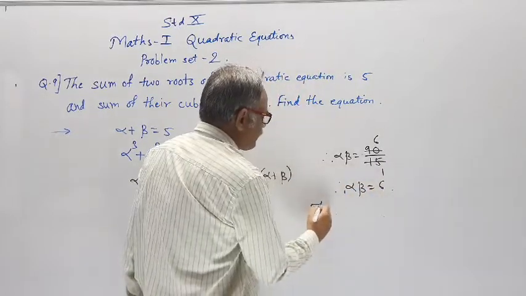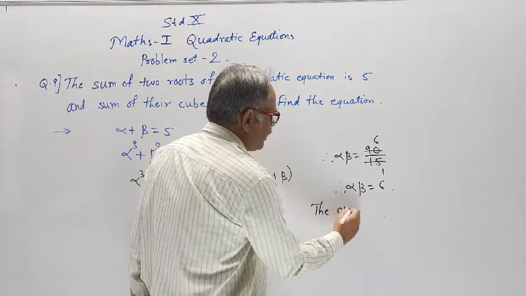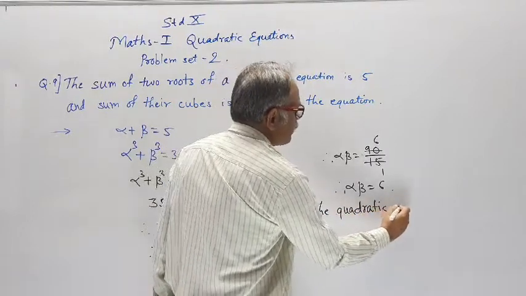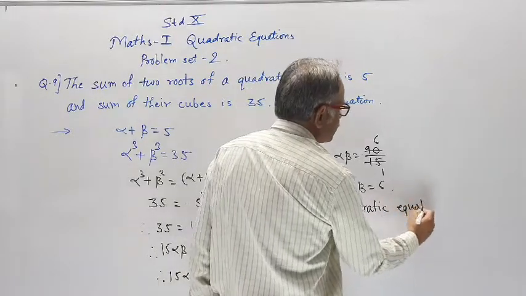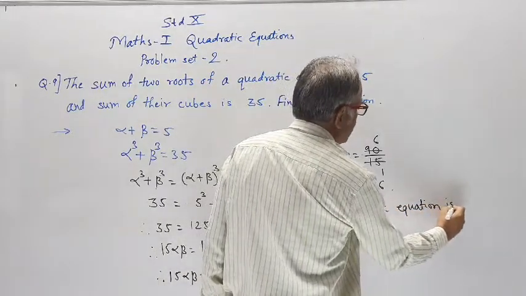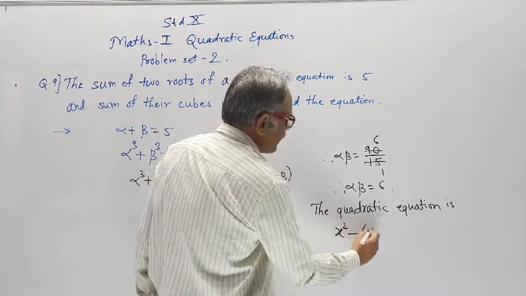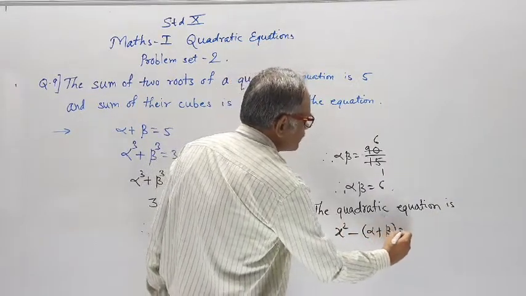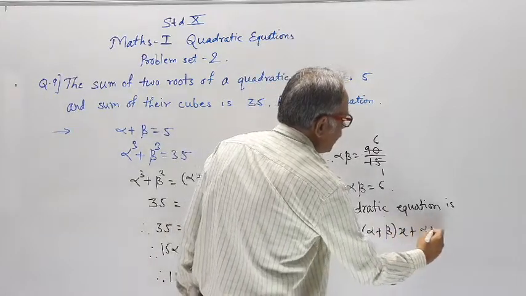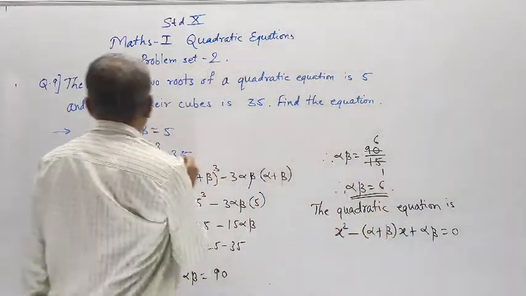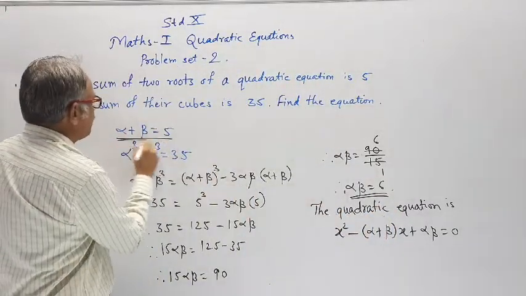The quadratic equation is, everyone knows how to write the quadratic equation if alpha plus beta and alpha beta are known. The quadratic equation is given by the formula x square minus (alpha plus beta) into x plus alpha beta equal to 0. Alpha beta is 6, alpha plus beta is given as 5.